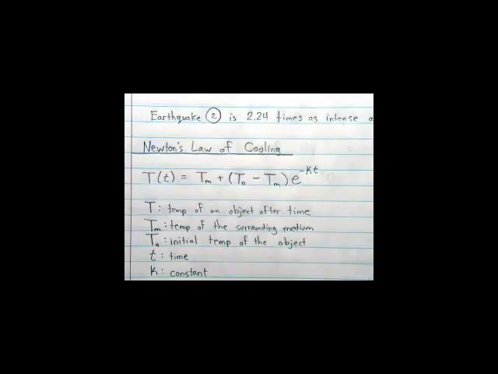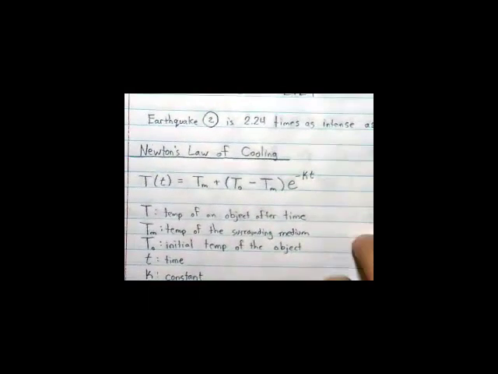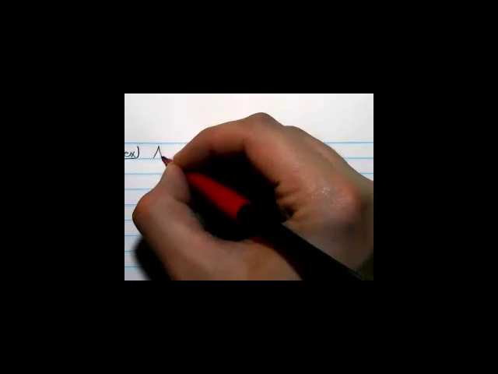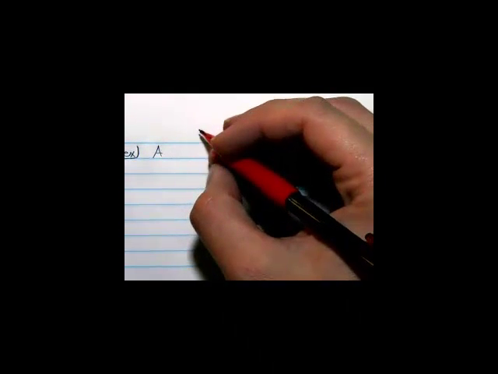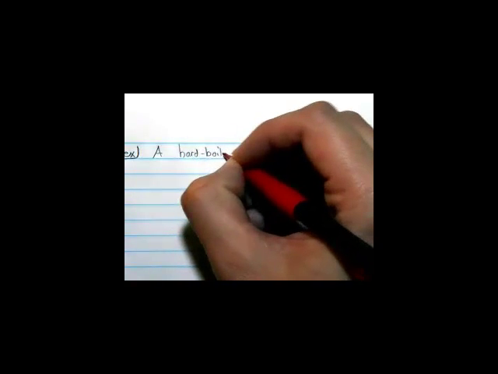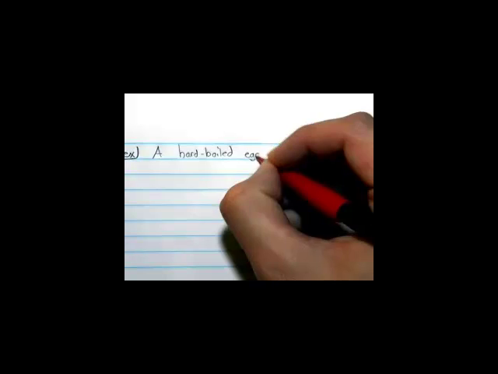I'll show you. We will do that together. Okay, let's see how we can apply that formula. So let's say I have a hard-boiled egg. You could call it a pie if you want, I guess.